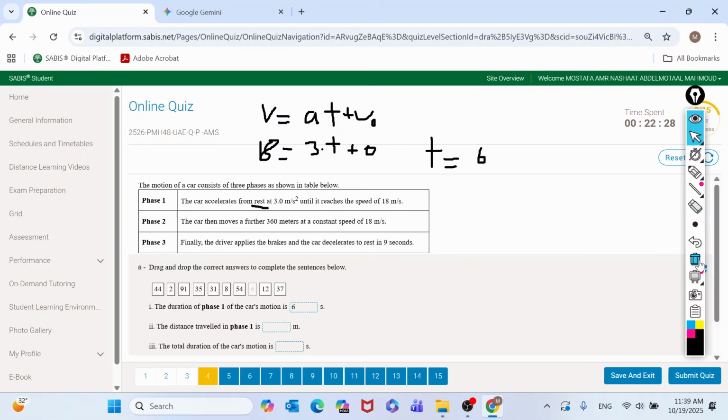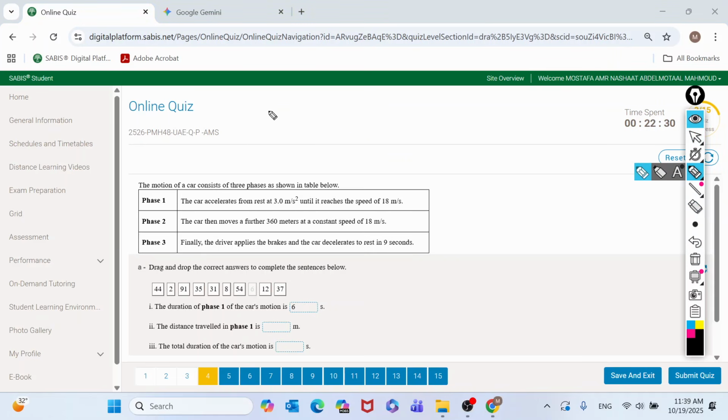The distance traveled in phase 1. Now we have the time, so we need to find the distance. We're going to use the acceleration formula: delta x equals 1 over 2 times a, which is 3, times t squared, which we just got is 6 squared, plus v0 t.